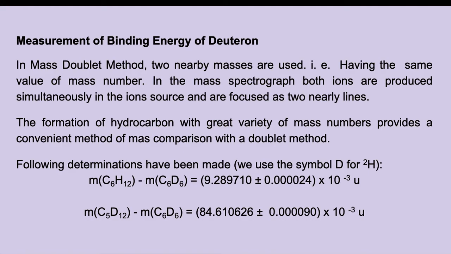Initially, it was defined as the mass of oxygen equal to 16. So 1/16th of that mass you are calling one atomic mass unit.